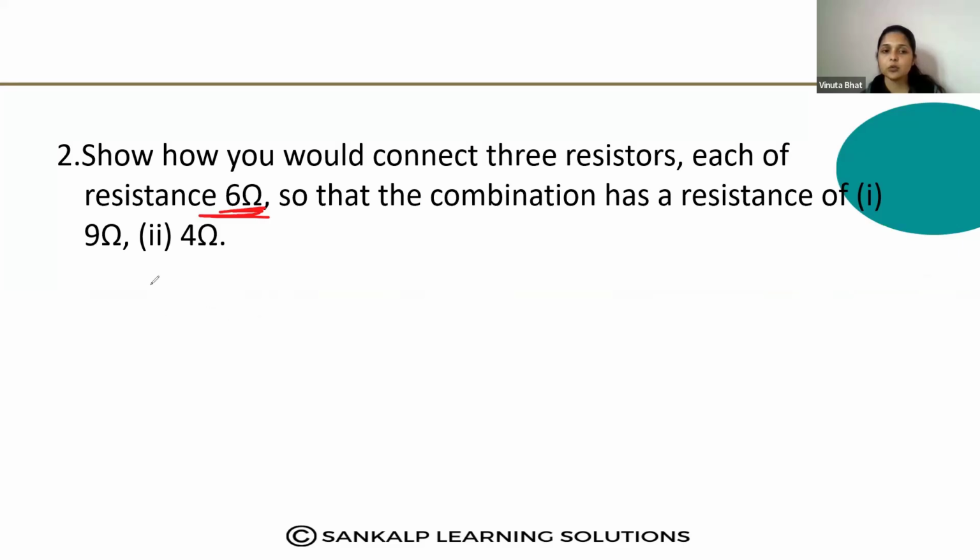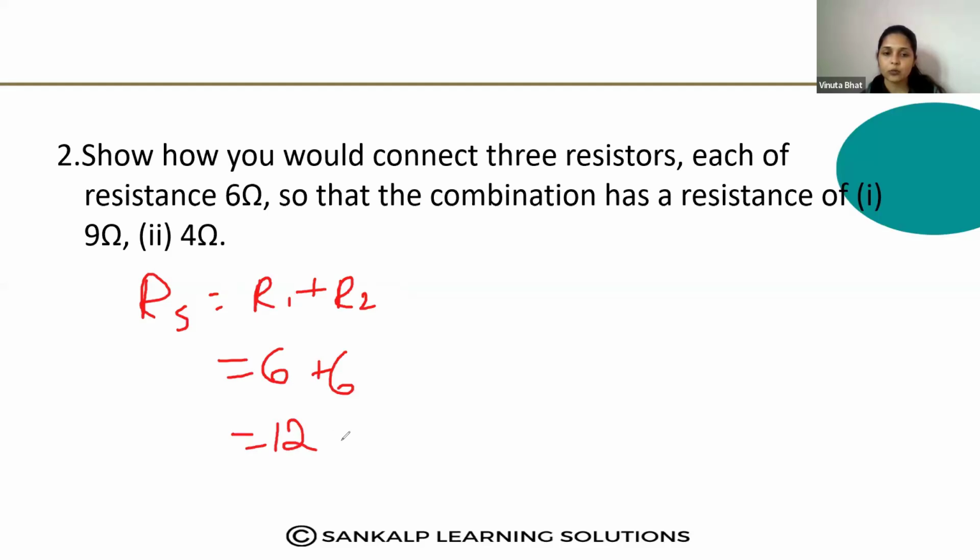Here I will connect two resistors in series. Okay. Two resistors in series. So Rs is equal to R1 plus R2 formula. When two resistors are connected in series, that is 6 ohm plus 6 ohm, that is equal to 12 ohm.